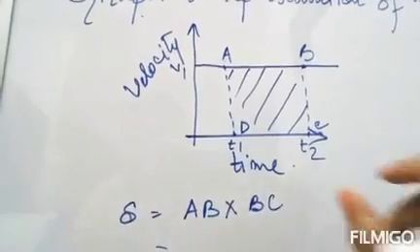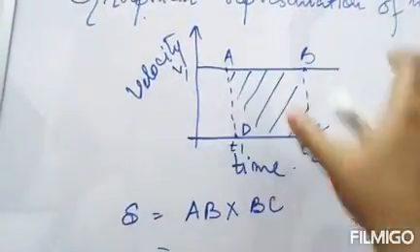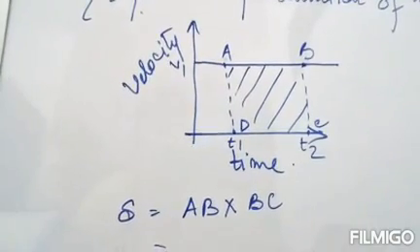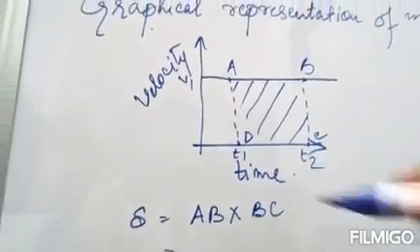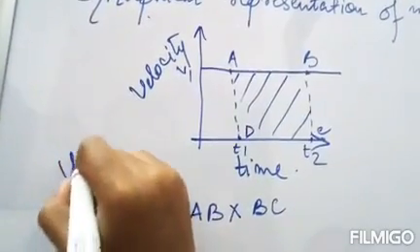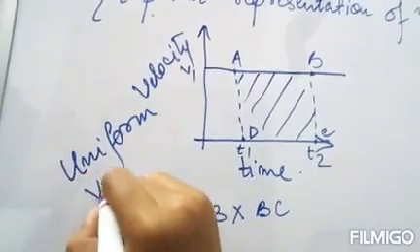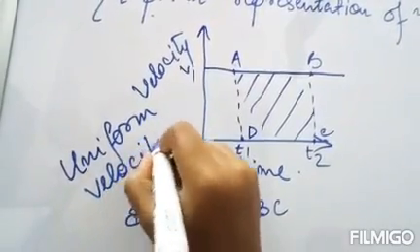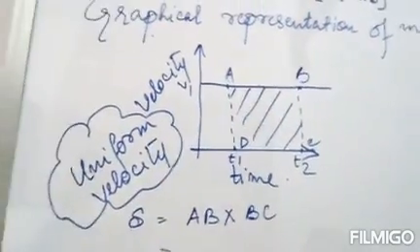So from the magnitude of each we can find the distance covered by this velocity. And this type of graph is for uniform velocity.